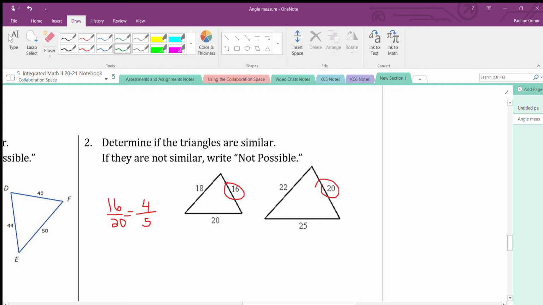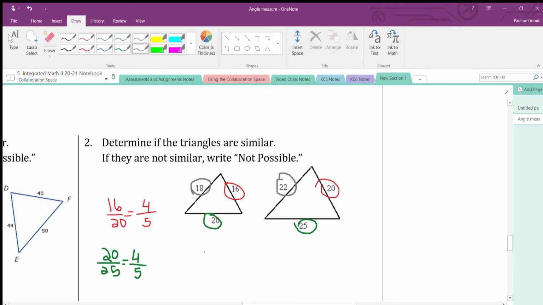Okay, longest side, 20 and 25. So if this one is not 4/5, we could stop and say not possible. But 20 over 25 does reduce to 4/5. We have to try the third side, because all 3 need to be proportional.